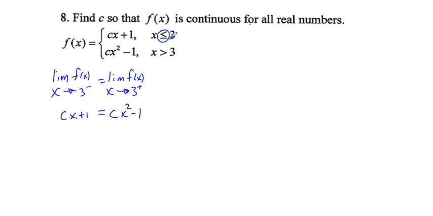And now we're going to just substitute in 3. So c times 3 plus 1 equals c times 3 squared minus 1. And so we have 3c plus 1 equals 9c minus 1. And then we'll have all the variables on this side, so subtract 9c.